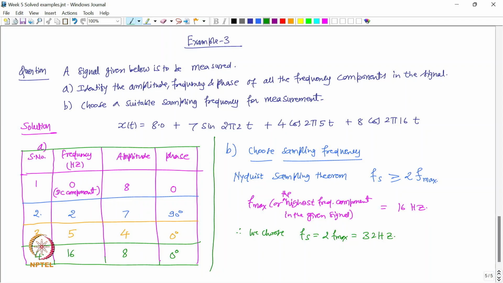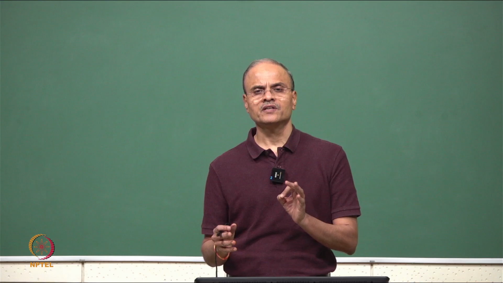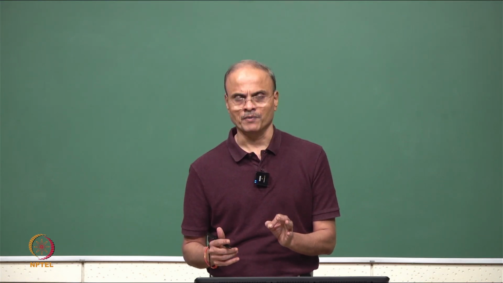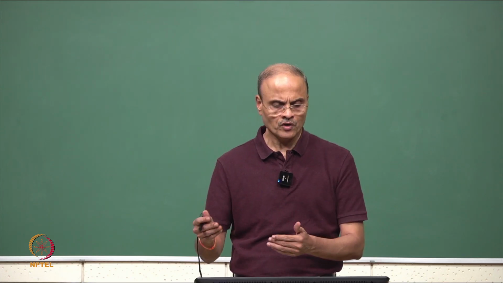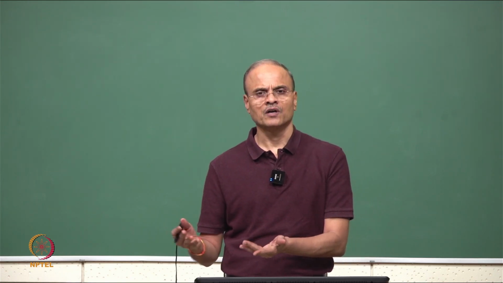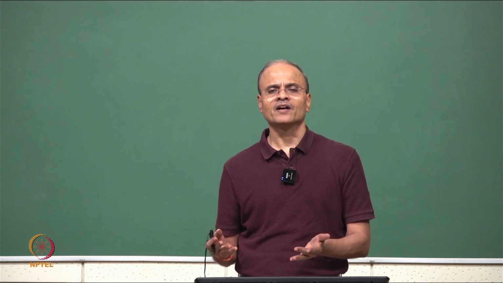And what is the difficulty if we do not satisfy this criterion? It will cause aliasing of the signal. If we take fs less than 32, then aliasing will happen. We are going to look at one MATLAB based example today to demonstrate how aliasing happens.